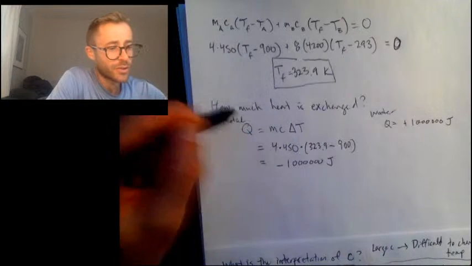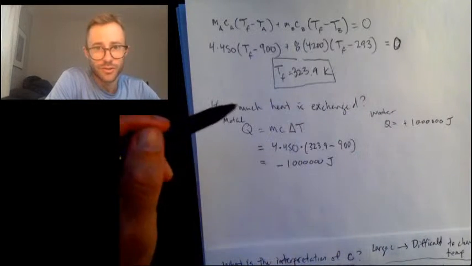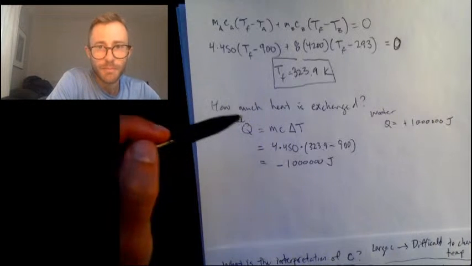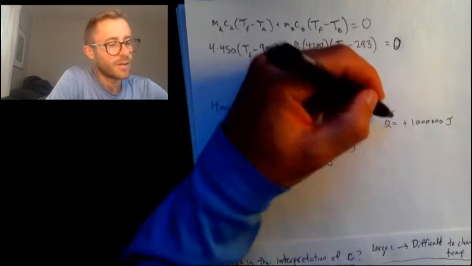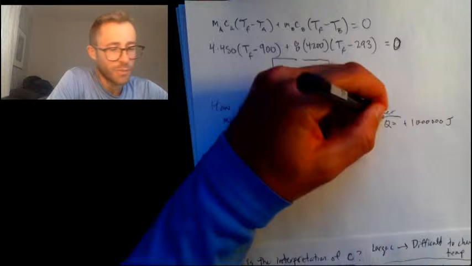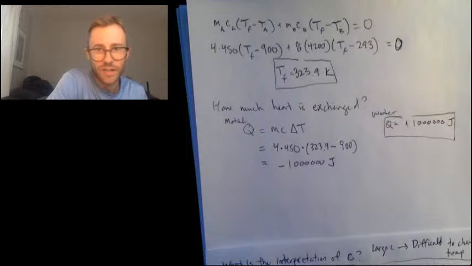So it doesn't matter which of the two objects you choose to do your calculation. You take your final temperature and you do mc delta T for one of them, and that'll tell you how much heat was exchanged. So I usually like my answers to just be positive numbers. So whichever one was positive, you would just state that as your answer. So they exchanged 1 million joules of heat between them.